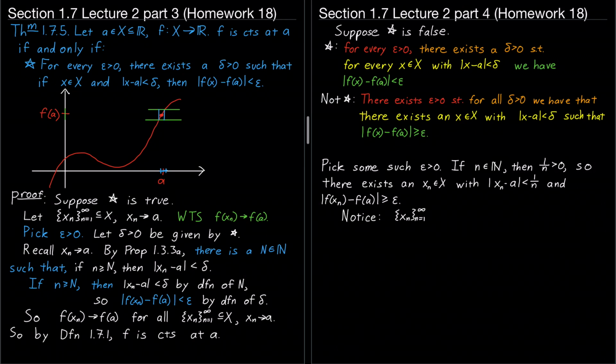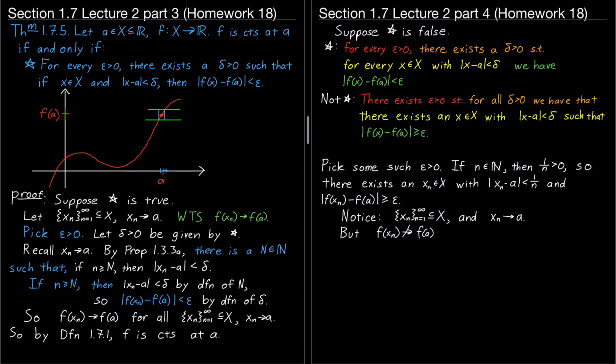For each n, xn is in X, so the list of xn's gives us a sequence in X. And notice that absolute value of xn minus a is less than 1 over n, so you can check pretty straightforwardly with proposition 1.3.3 that xn is converging to a. But f of xn does not converge to f of a.